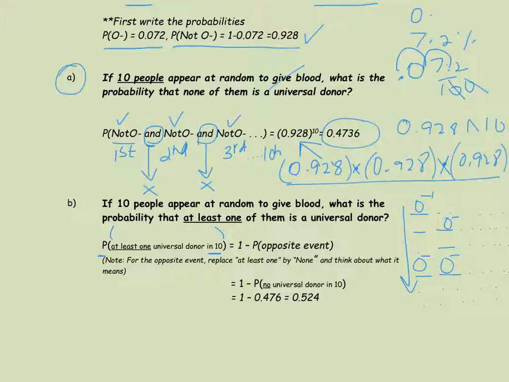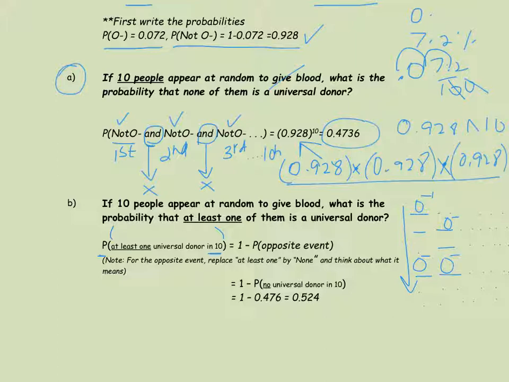Remember that it's not just one, we have 10 donors. So we think about the complement of the event, or the opposite event, to at least one universal donor in 10. So the probability that there is at least one universal donor in 10 is equal to 1 minus the opposite event, or the negation of this event.